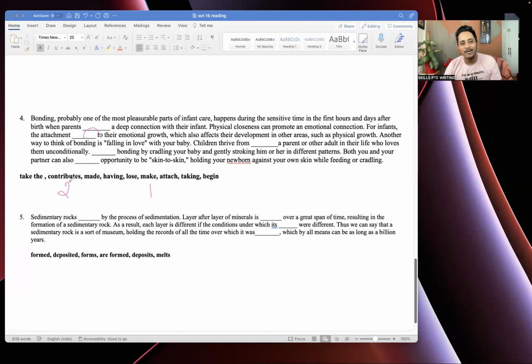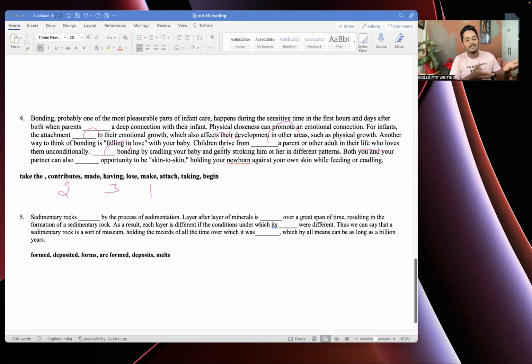See, I'm just filling it in on my own using grammar and collocation knowledge. Children thrive, meaning develop. Thrive from having a parent or other adult in their life. If there is a parent, they develop, they emotionally thrive. Children thrive from having a parent. All collocations, just going with it, I'm not reading. Develop bonding by cradling your baby.